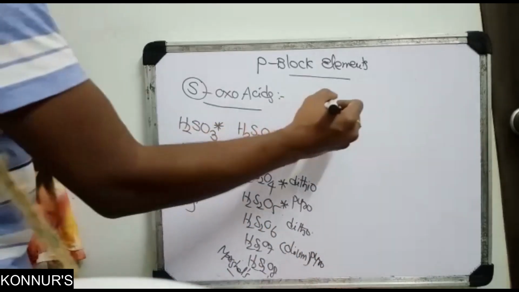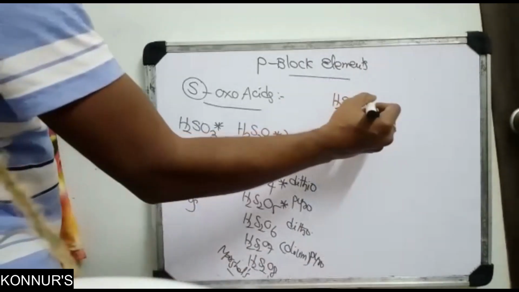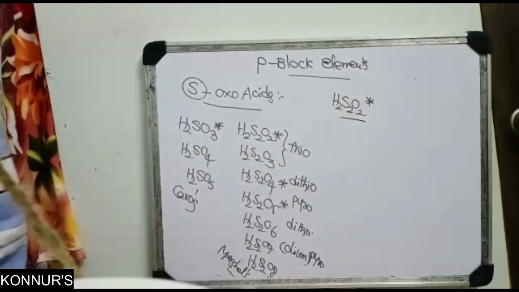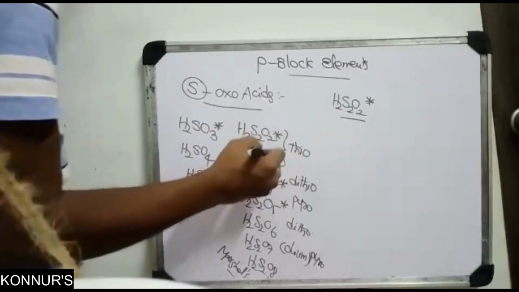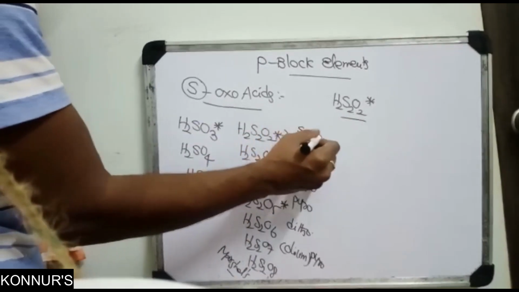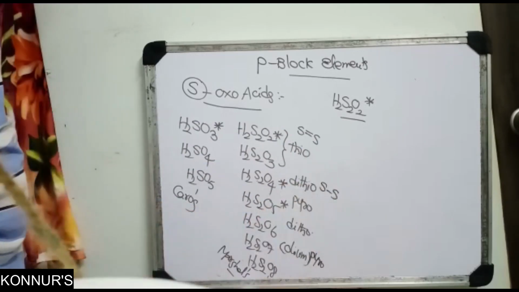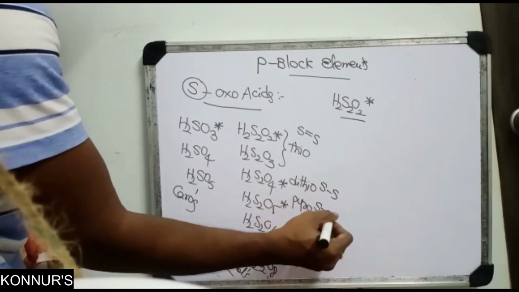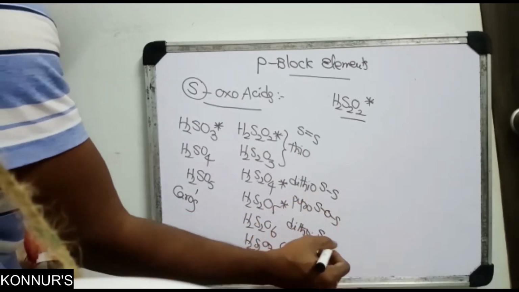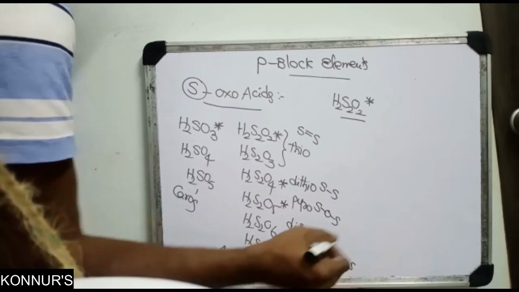Next, H2S2O2. This is sulfurous. More than one structure, that structure is unstable, so leave that one. So here this is very, very important, because here the S double bond S structure will come. Dithio means S single bond S. Pyro means SOS. Dithio, S single bond S. Pyro, SOS.